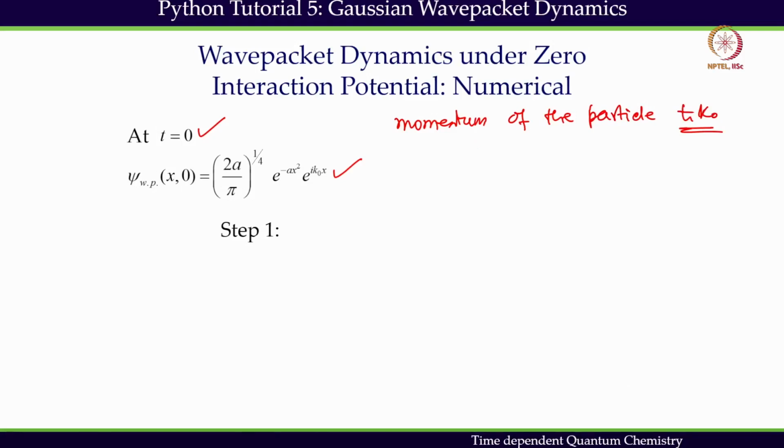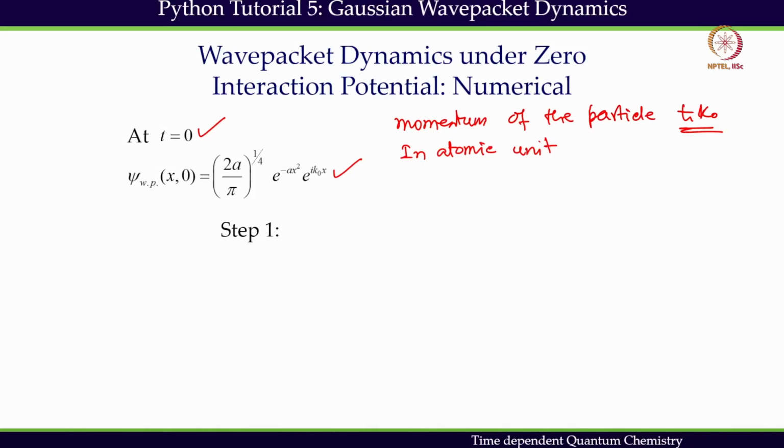All these calculations in general we do in atomic unit. It is a unit system which is very frequently used in calculation of atoms and molecules, electronic structure calculations of atoms and molecules, and then wavepacket dynamics.